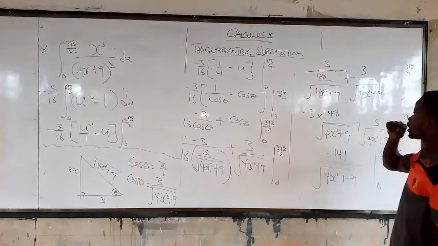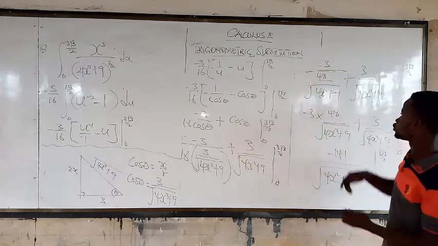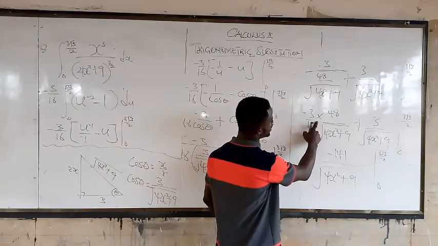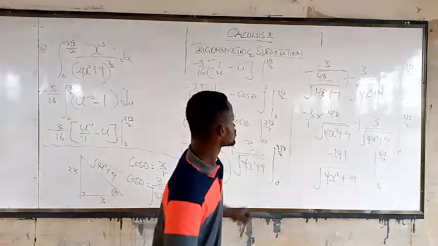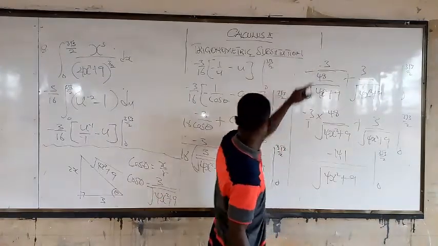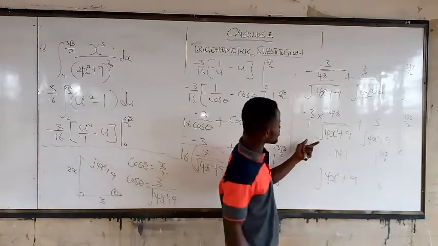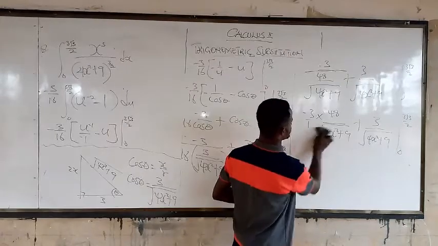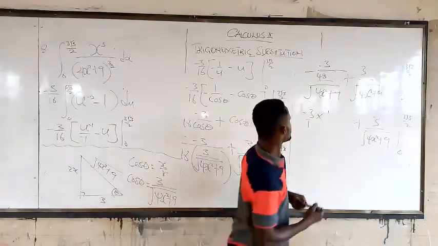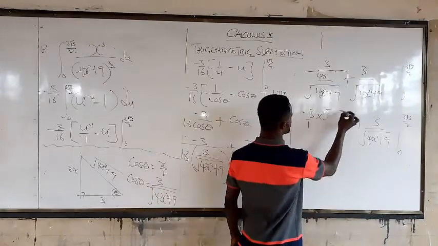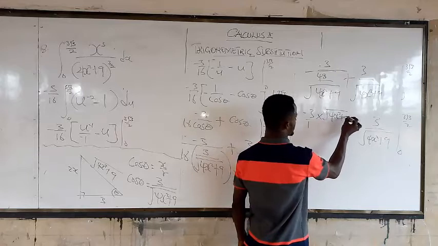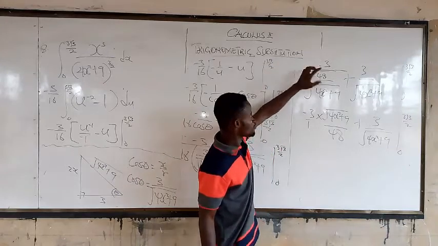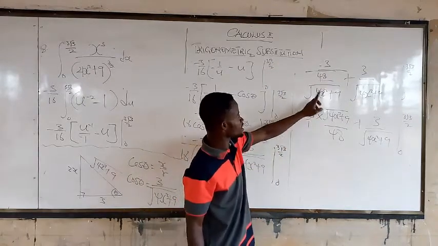So it's the same as multiplying negative 3 over 1 by the reciprocal of this, square root of 4s squared plus 9 over 48.